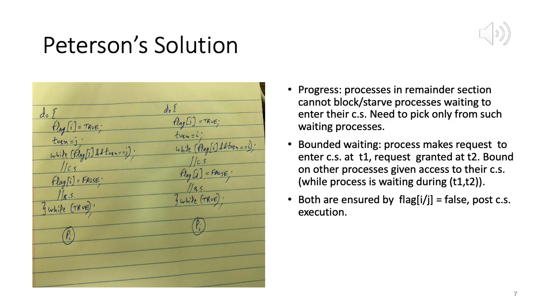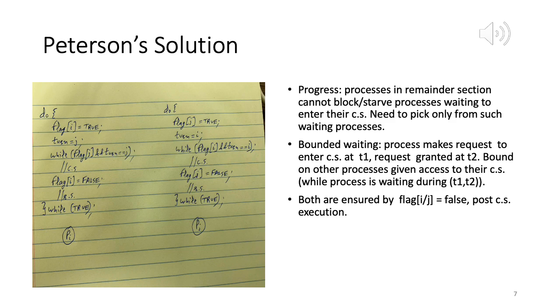If Pj is waiting for Pi, the only way it can wait is in the while loop, because flag i is true and turn is equal to i. So Pj is waiting on Pi, and as soon as Pi gets out of its critical section, it sets flag i to false, and then Pj immediately gets access to its critical section.